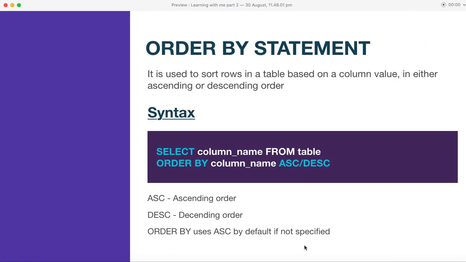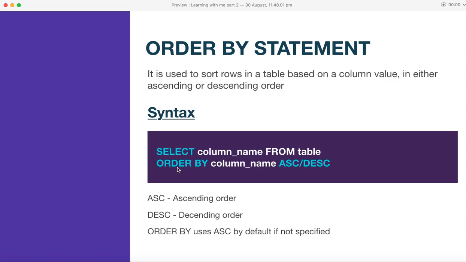So what is this order by statement? The order by statement is used to sort rows in a table based on a column value. Based on what column value exists in a table, based on that only it gets sorted, either in ascending or descending order. The syntax is select column name from a table and order by a particular column value.